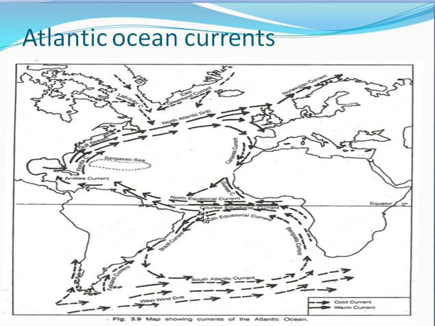After coming into contact with the Brazilian coast, this current gets bifurcated. Two branches we can see. One branch moves northward and another branch moves southward.